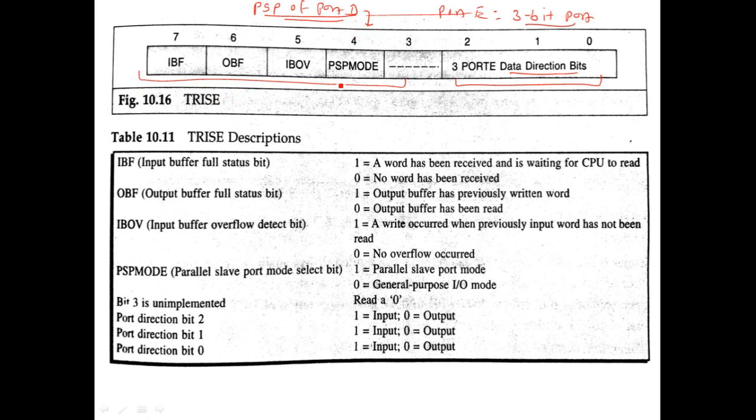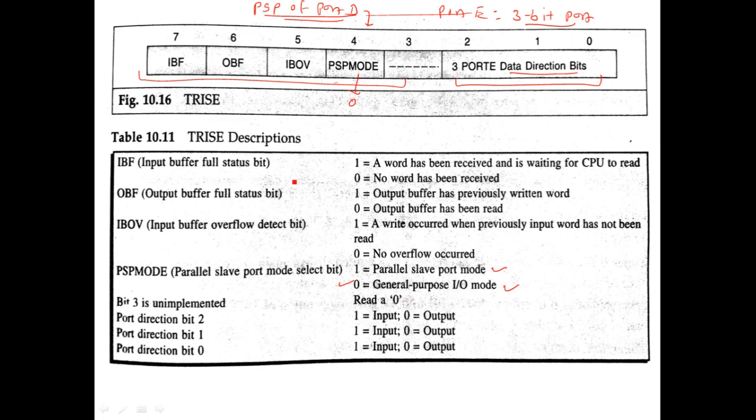As we have seen before, when the PSP mode bit is set, then port D will work as PSP port. When it is reset, port D will work as simple I/O port. If you make the PSP bit 0, for example, that means you are configuring your port D for general purpose I/O mode.